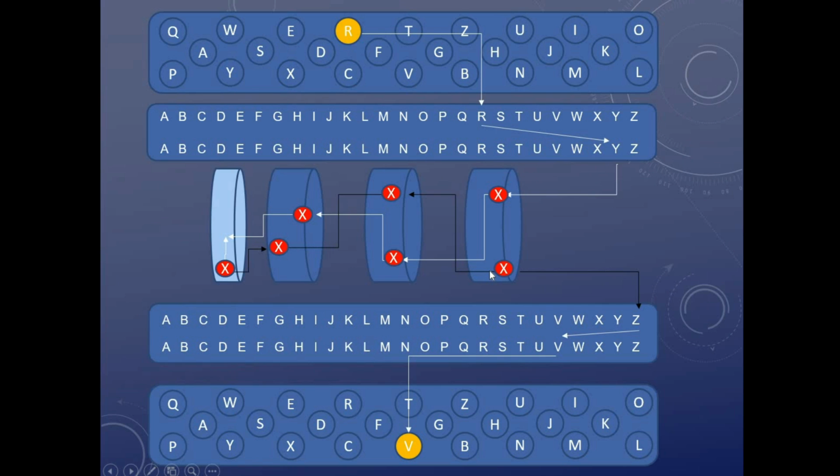No, V is J. Or let's say V is Z. Then we take it all the way down to our plug board again, and we map Z to V, in which case it will light up on the top of the box the letter V. So they type in an R and it pops out a V. If they typed in an R again, the chance of it being a V is next to impossible.